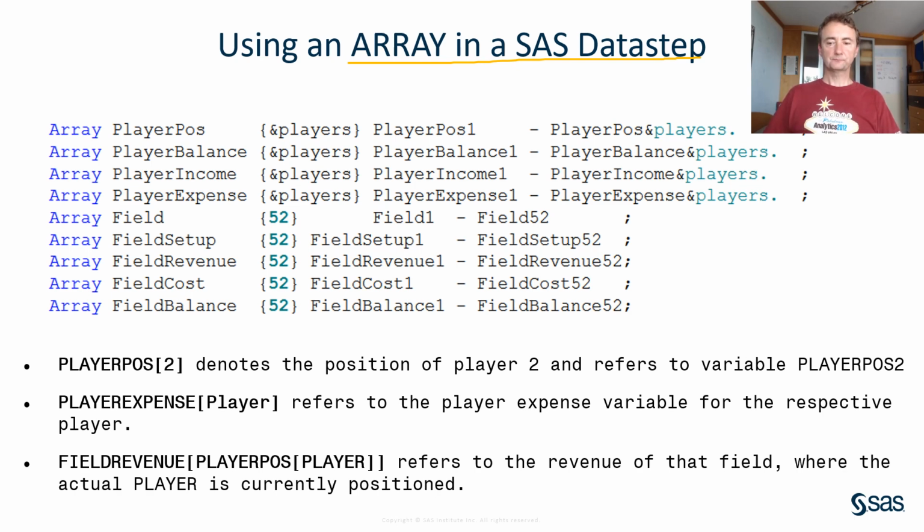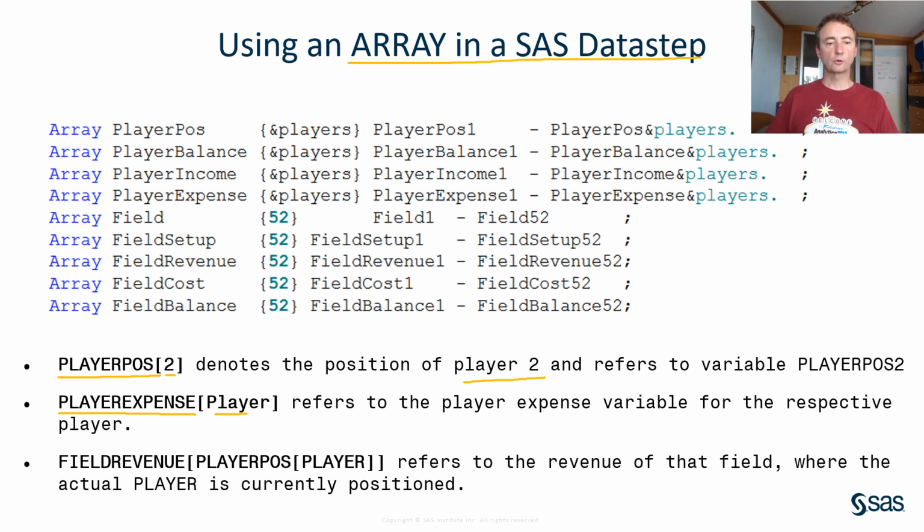I defined arrays, for example, the position of a player with the index 2, which says this is the position of player number 2. And for example, the player expense of a certain player is an array where I store all the expenses that a certain player has already paid during the game.